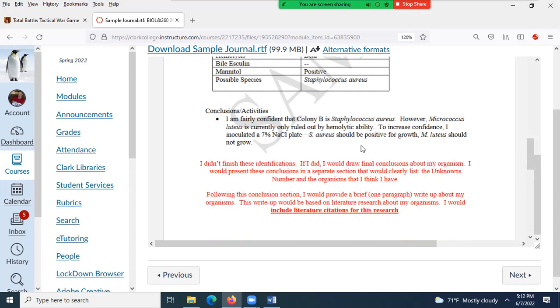And Staphylococcus aureus should grow on sodium chloride plates. Actually, I'm not sure the Micrococcus luteus does not grow. It might not have grown here. Let me take a look at that and make sure that that's the case.